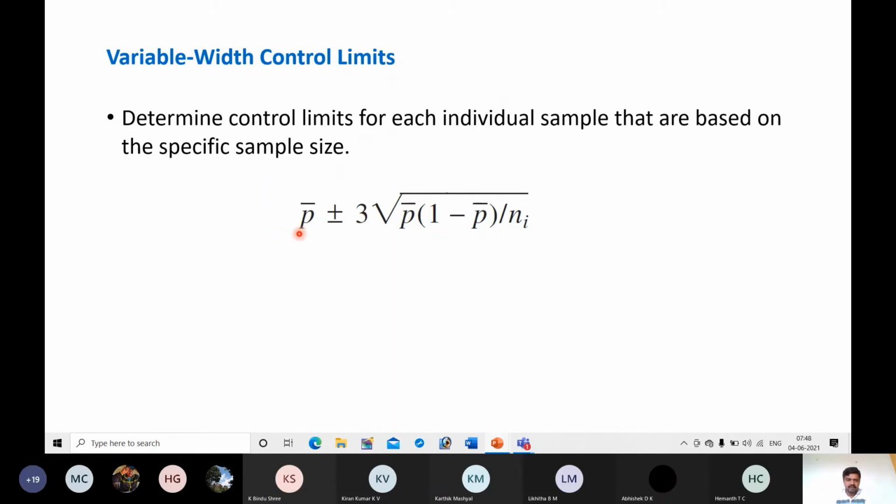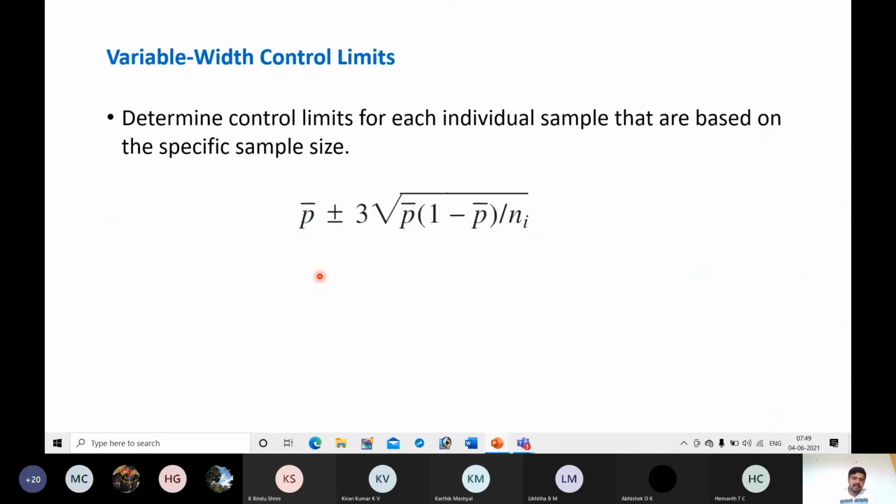For upper control limit, p bar plus 3 root of p bar times (1 minus p bar) divided by n i. For lower control limit, p bar minus the same term. Again, this is also a p chart with variable sample size. Since we are plotting the values of p, it is a p chart with variable sample size.